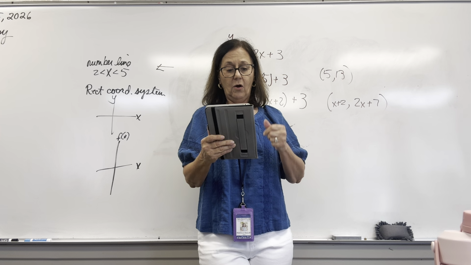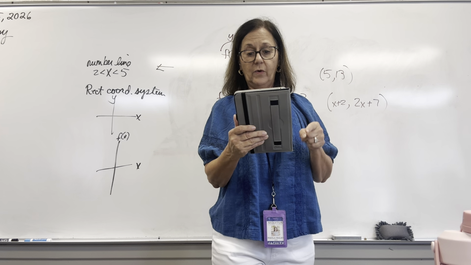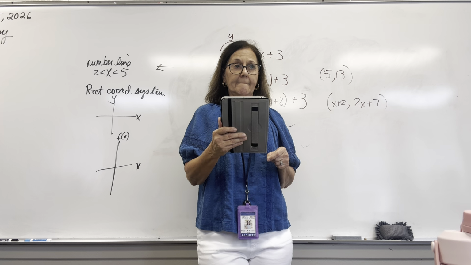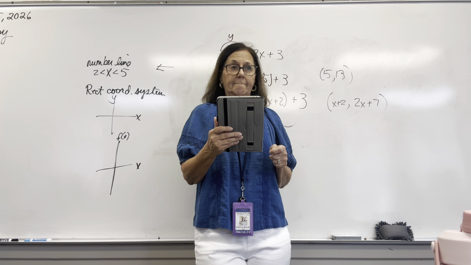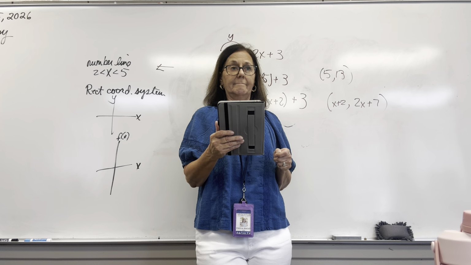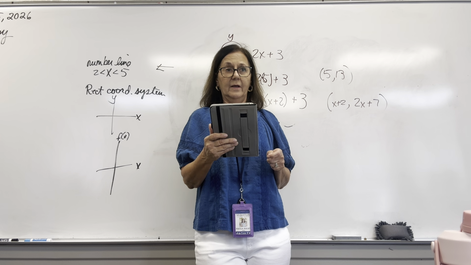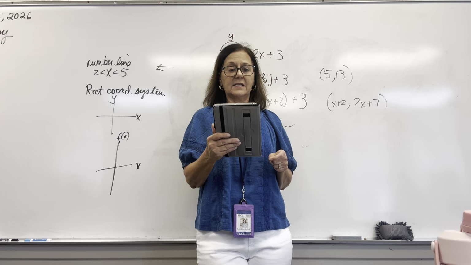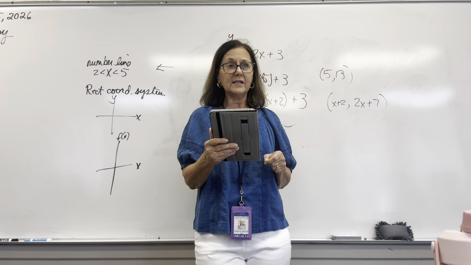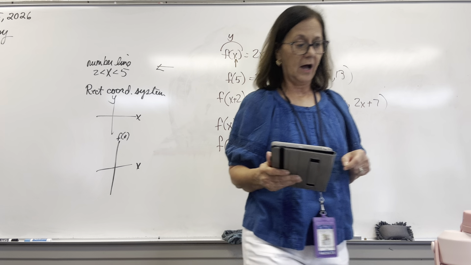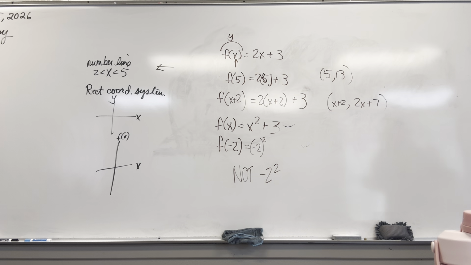All right, so Locke, what do you think the output is when the input is 4? Okay, it's asking when the value of x is 4, what's the value of y? Are you on example 5? Yes, you are.